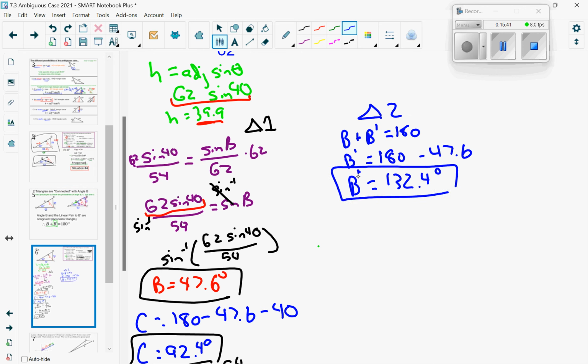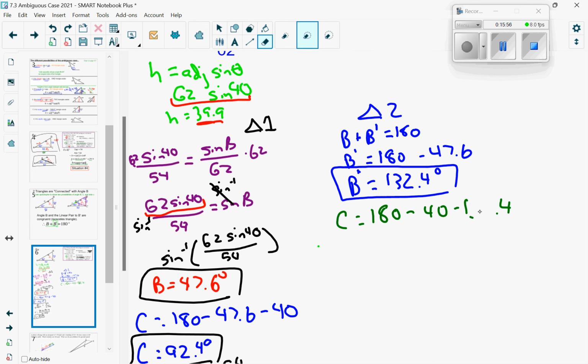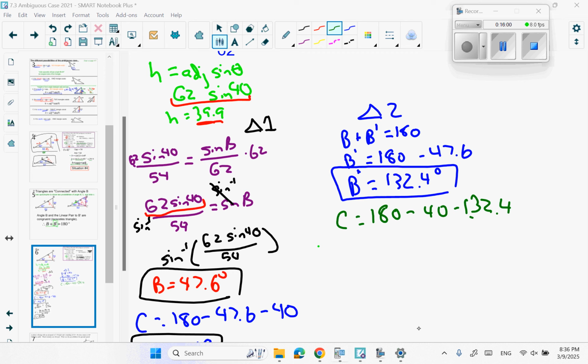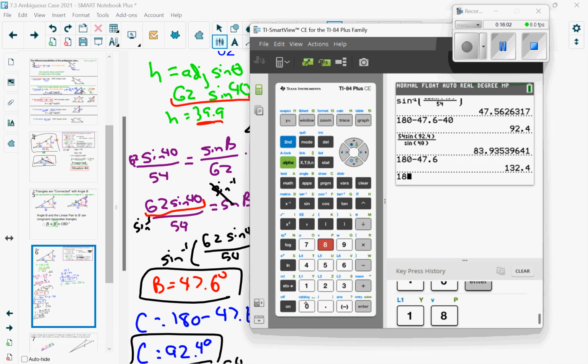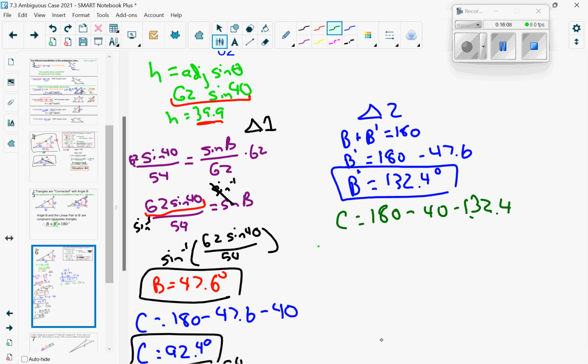And then from there, everything else is the same. I'd find my new C. So C equals 180 minus 40 minus 132.4. C would be 7.6.